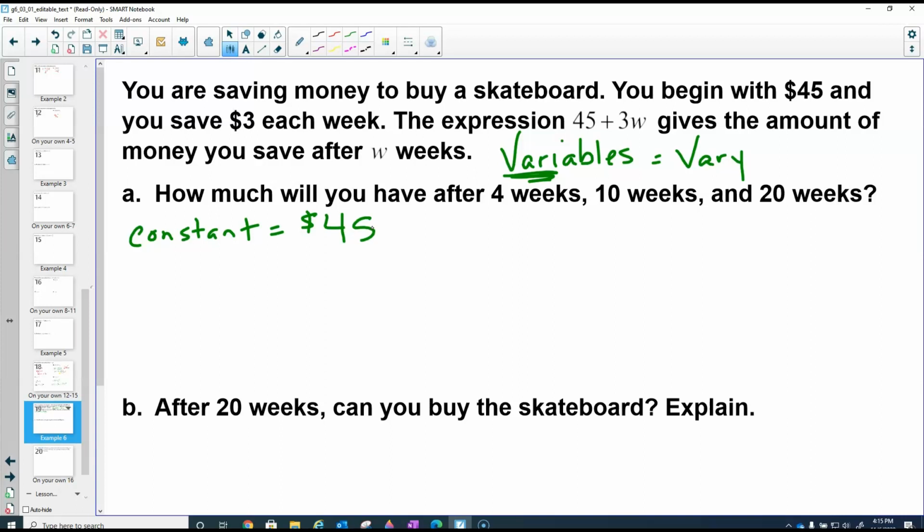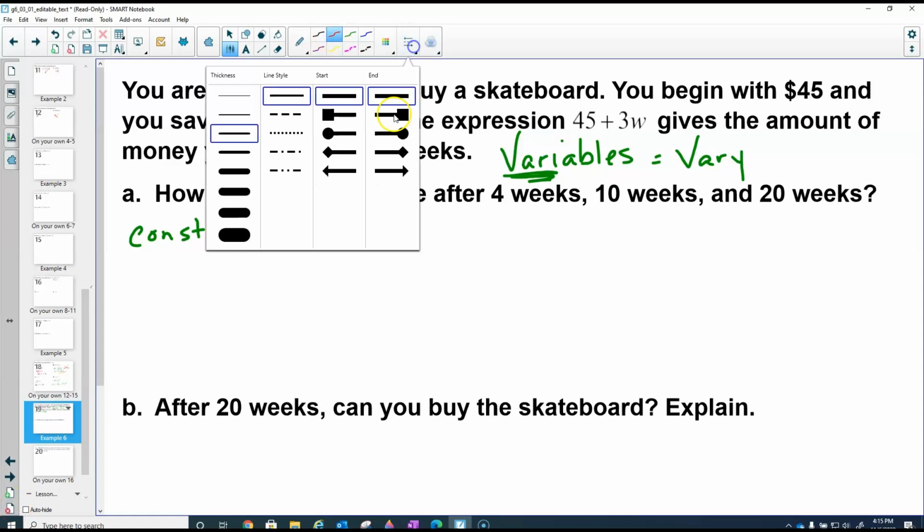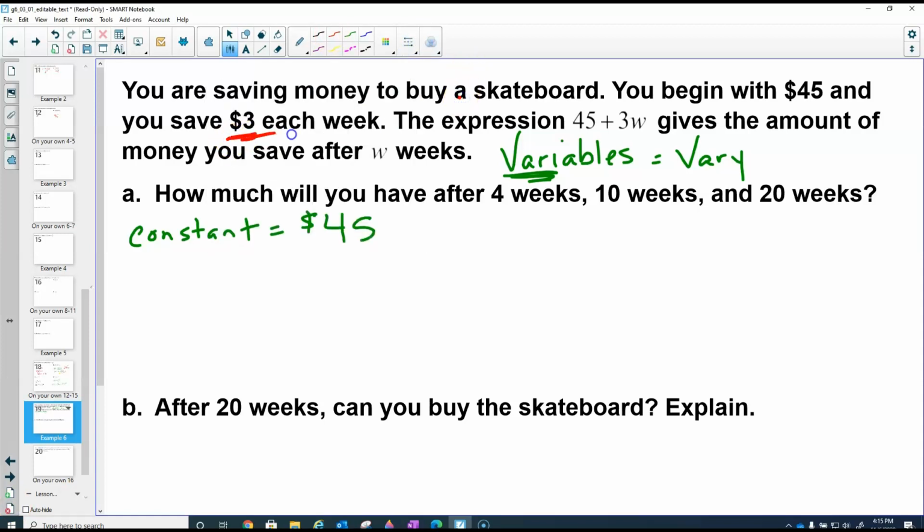So $3 is going to change depending on my variable, right? So do you see now in this real life situation that $3 is depending or cooperating with the variable, the week? So I don't know how many weeks I'm going to need to save yet.